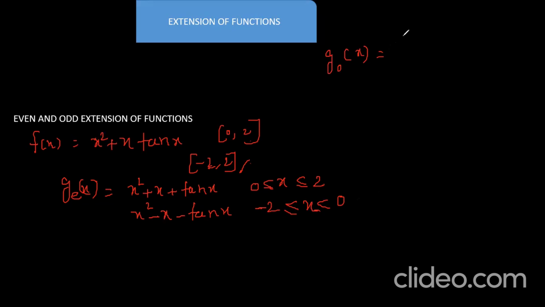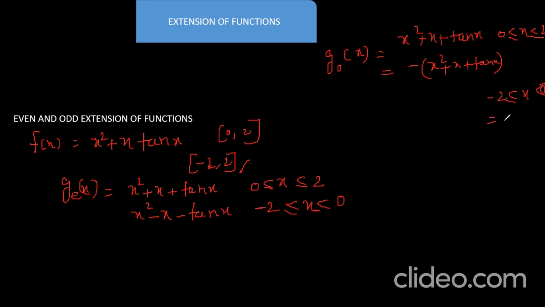So the same thing, x square plus x tan x, for 0 less than or equal to x less than or equal to 2. And similarly, I want to get the odd function, so minus of x square plus x tan x, which is going to lie between minus 2 less than or equal to x less than 0.